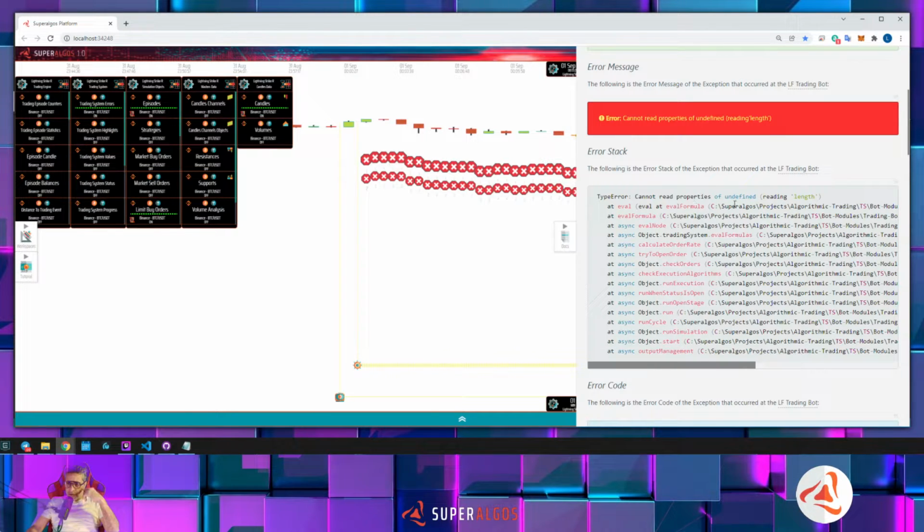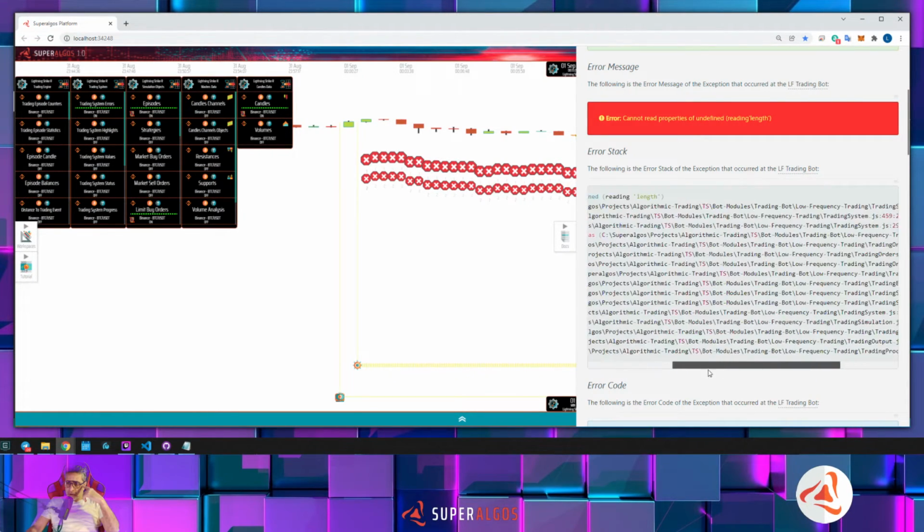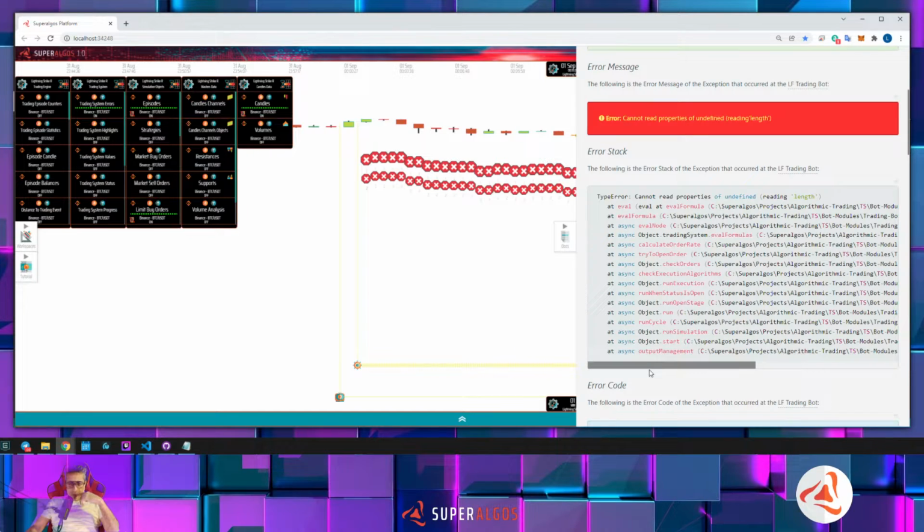Cannot read property undefined. Okay, where did this happen?